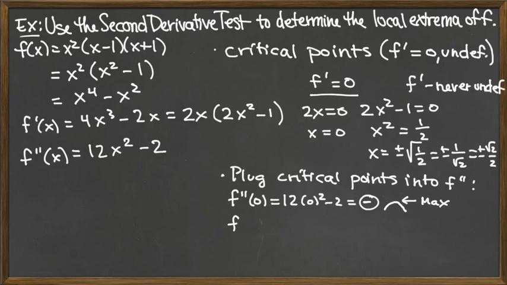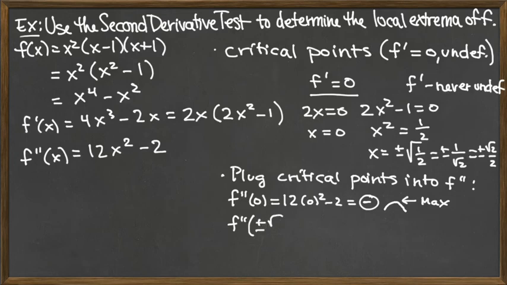Now, when we're looking at f double prime of either the positive or the negative root 2 over 2, it doesn't really matter that we don't have to do them separately, because the only place f double prime has an x is when it's squared. And so whether it's positive or negative, we're going to get the same result.